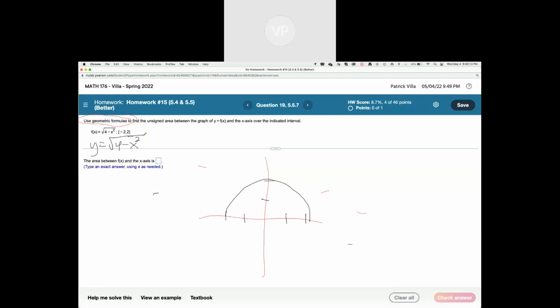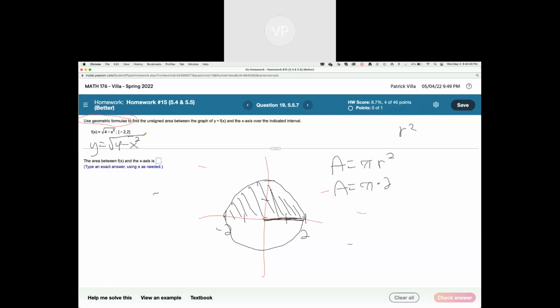Sorry, I messed that up. Okay, a little bit better. So they want us to find this area right here under this curve. It goes from -2 to +2. Well, if this is a full circle, I know the area of a full circle is pi r squared, and my radius is 2. So the area of the full circle is pi times 2 squared, which is 4 pi.